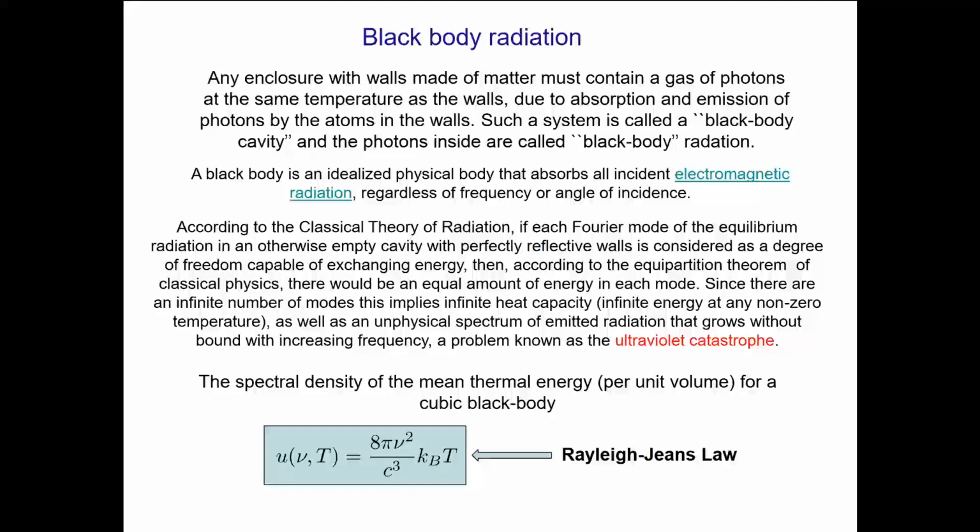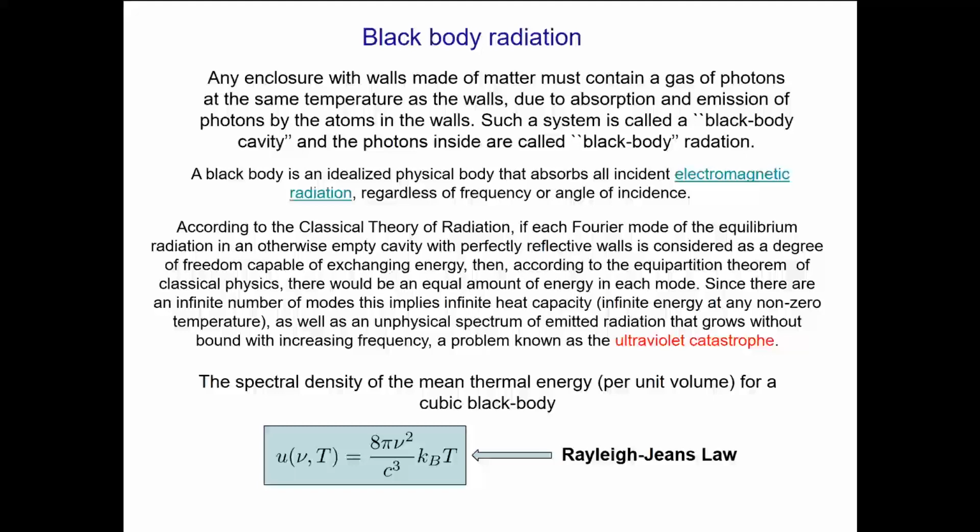Basically, each Fourier mode of radiation is a wave. With the wave we associate a quadratic degree of freedom, and so according to the equipartition theorem, there should be an equal amount of energy in each mode.